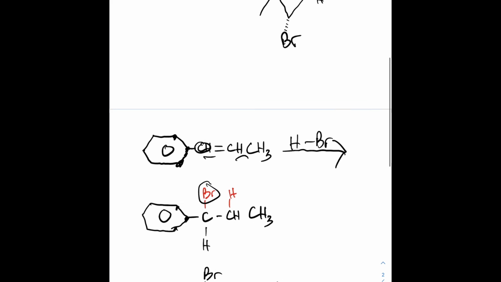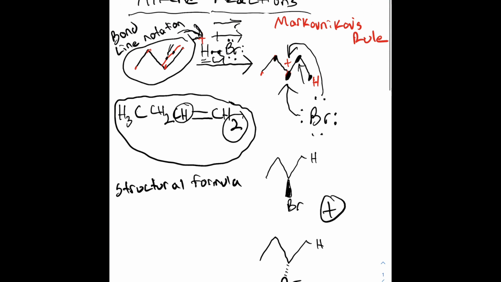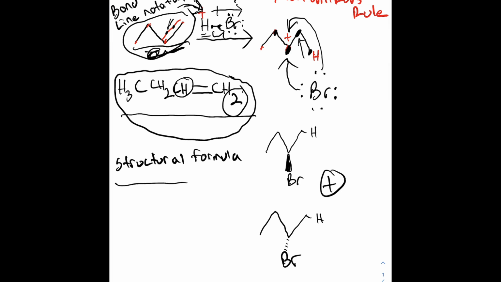And just to be extra clear, if you're unsure about this, these are representations of the exact same structural formula. This is what you call a bond line notation, where you have the little stick diagram. This is the structural formula where you actually write out the carbons and the hydrogens.